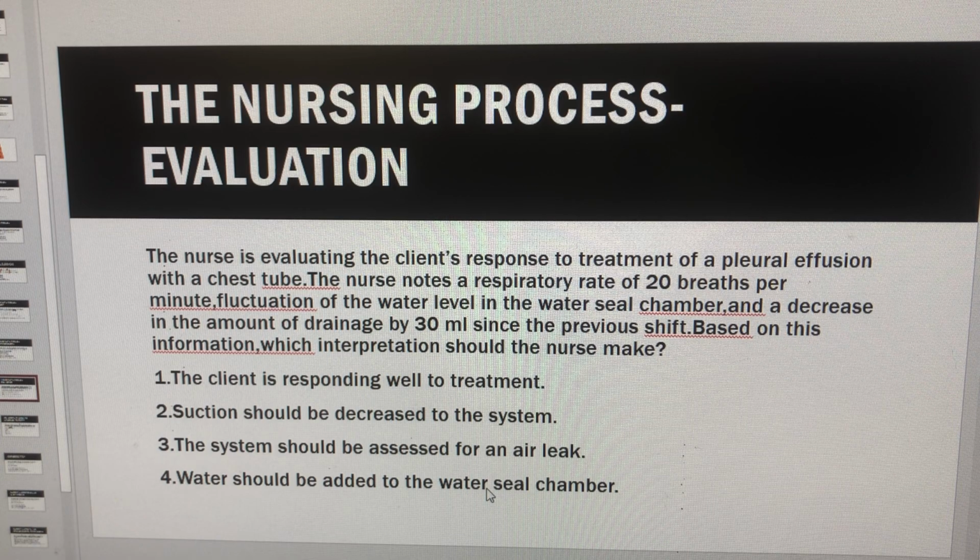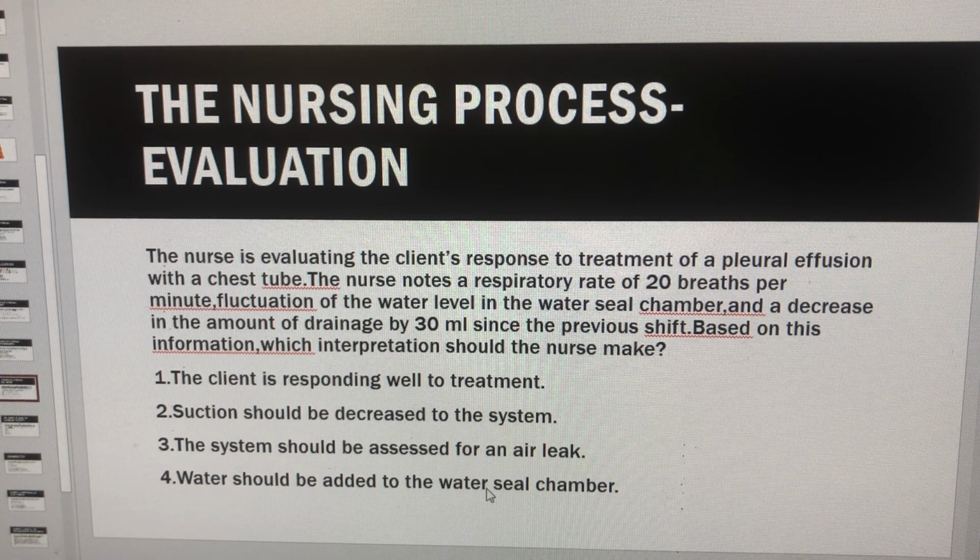There is no indication based on the data in the question to decrease suction to the system. In fact, it is unclear as to whether the client is on suction at all. There are also no data in the question indicating an air leak. Lastly, there are no data in the question indicating the need to add water to the water-sealed chamber.